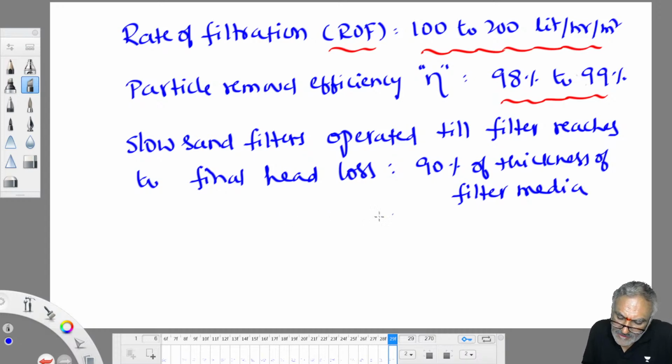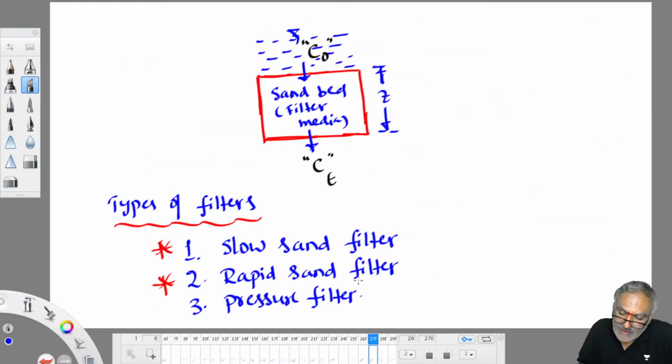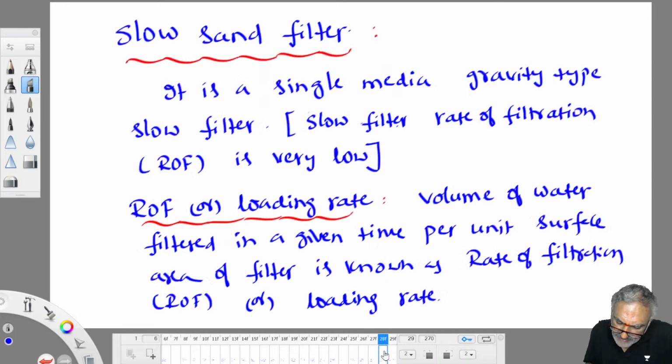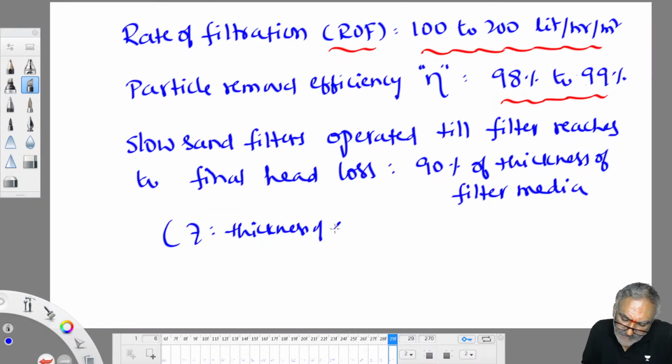So that means it is 70 to 90 centimeters of water in case of slow sand filter, because the thickness of the filter bed or sand bed, normally for slow sand filter, is 0.9 to 1.1 meter.